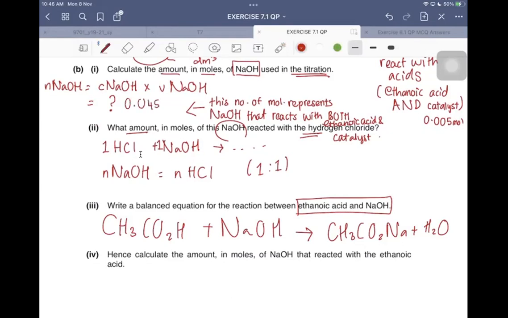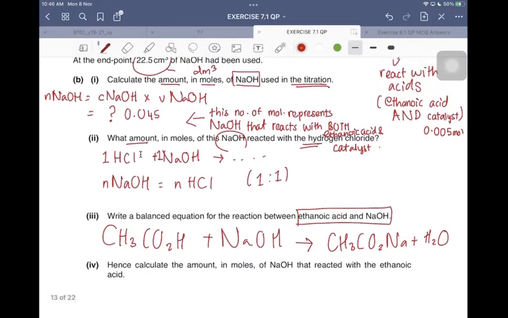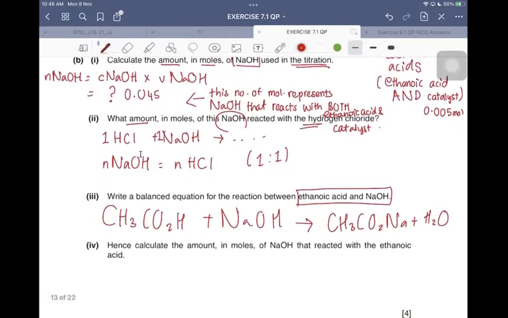Okay, and then the second part, the number of moles of sodium hydroxide that reacted with the hydrogen chloride is actually the number of moles of catalyst because you've got 0.005 mole of catalyst. So the number of moles of sodium hydroxide that reacts with it is also 0.005.